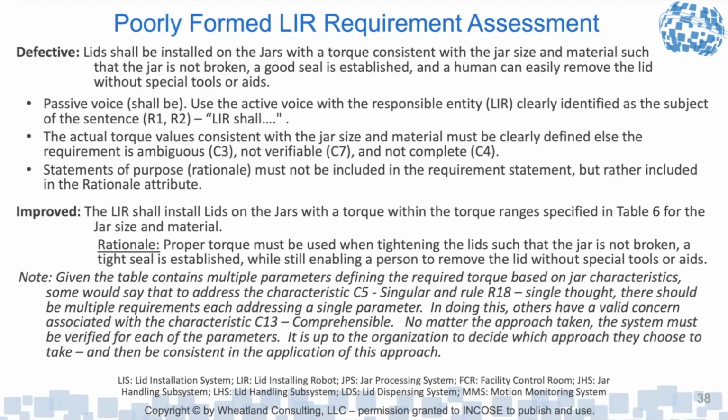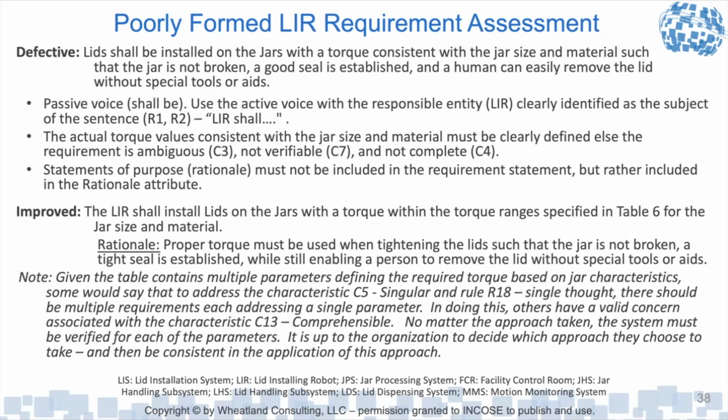Given that a table contains multiple parameters defining the required torque based on jar characteristics, size, glass or plastic, someone might decide to address the characteristic C5 singular and the rule R18 single thought, so there should be multiple requirements, each addressing a single parameter. In doing this, others have a valid concern associated with characteristic C13 comprehensible.